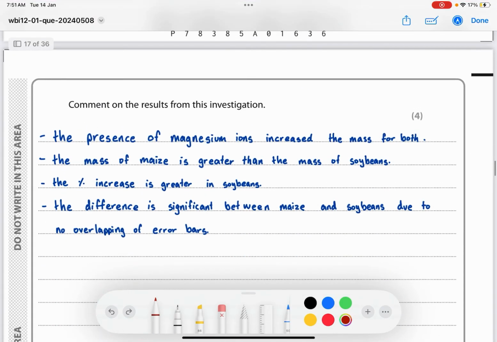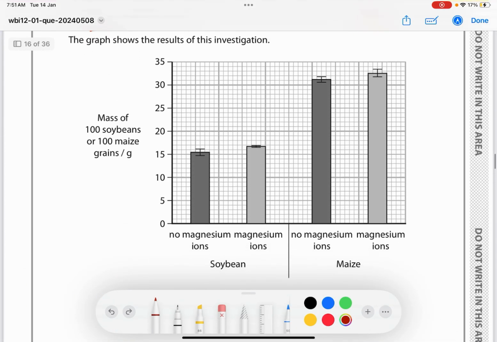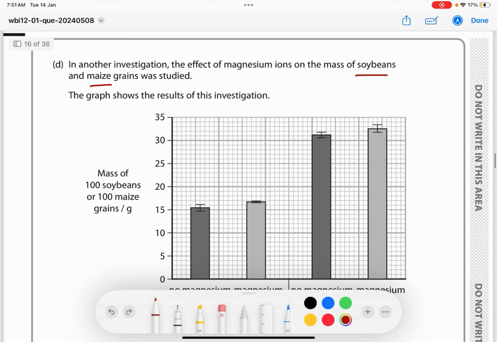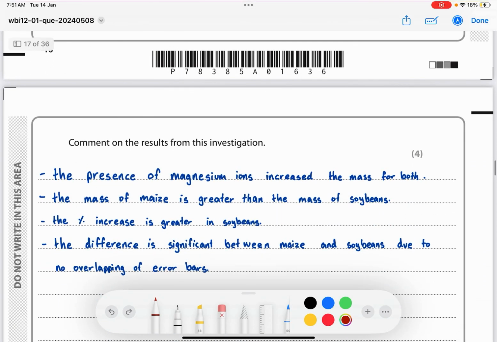So the next point I have mentioned is the mass of maize is greater than the mass of soybeans. As we can see over here, a greater amount of maize was grown than compared to soybean. Grown, produced, whatever you want to call it.